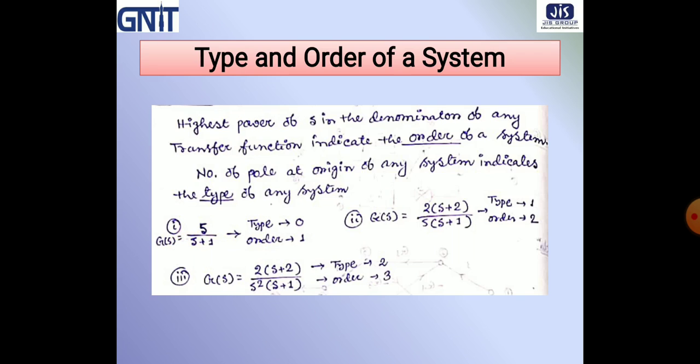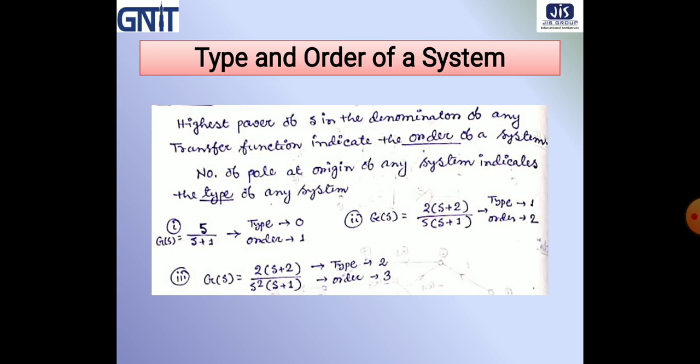If we put the denominator s + 1 = 0, then we get s = -1. So at s = -1 there will be a pole. For this particular transfer function, there is only one pole, and that is at s = -1.